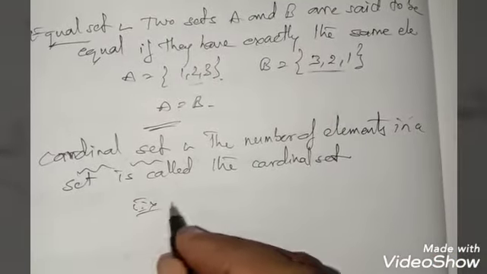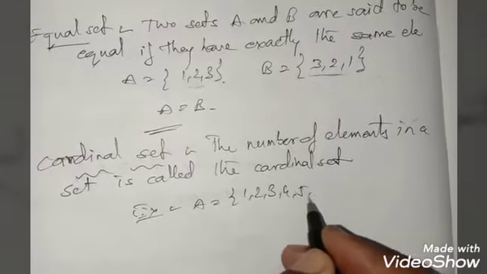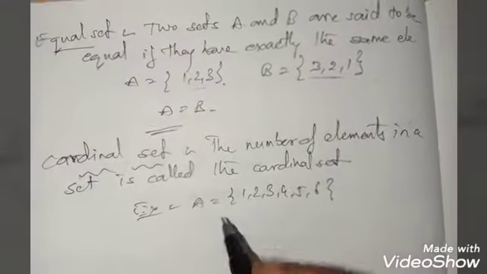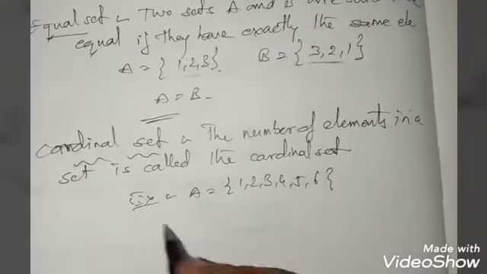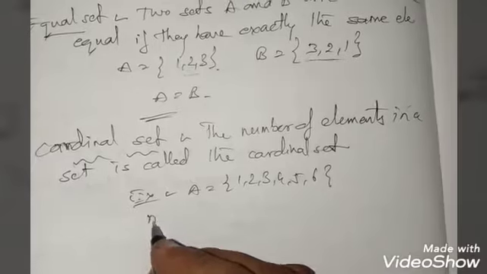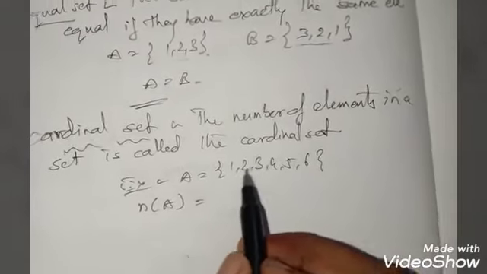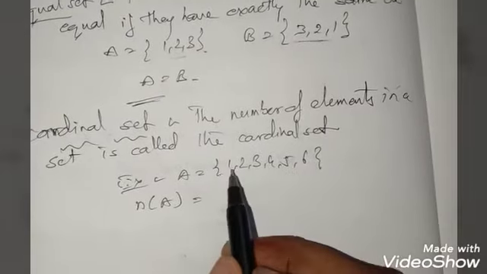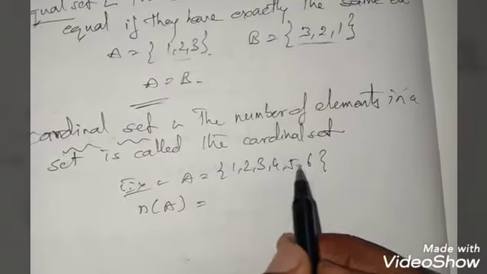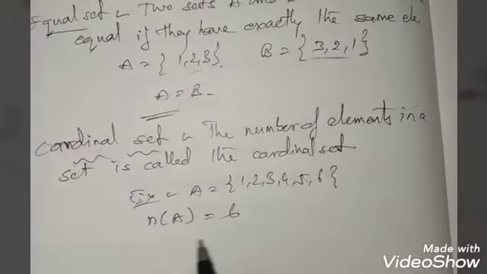For example, if I take the problem A is equal to 1, 2, 3, 4, 5, 6, these are 6 numbers. Now you have to find the cardinal of the set. The cardinal of a set is denoted by n of A, which means you count the number of elements in the set: 1, 2, 3, 4, 5, 6. So the number of elements is 6, meaning n of A is equal to 6.